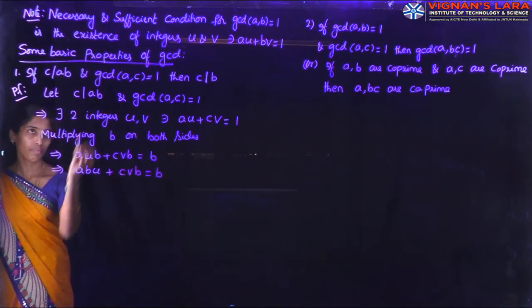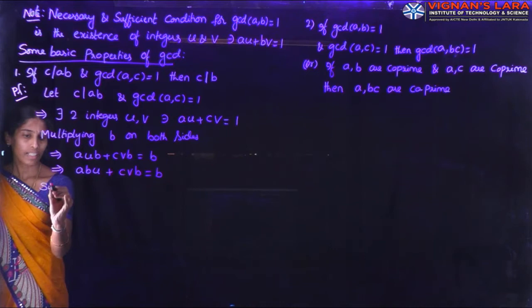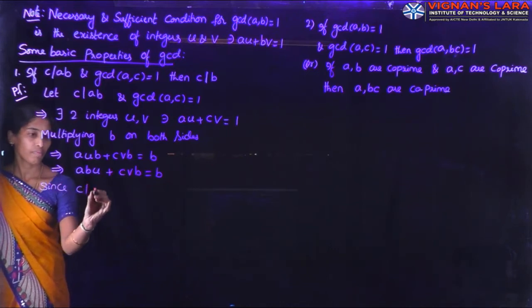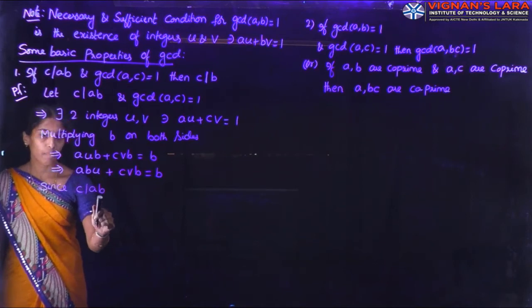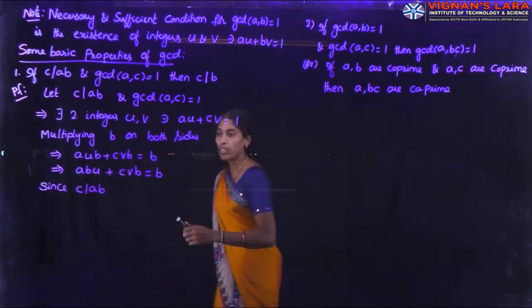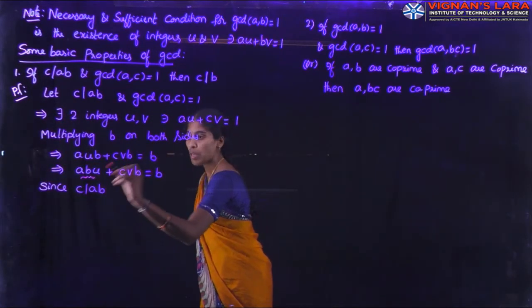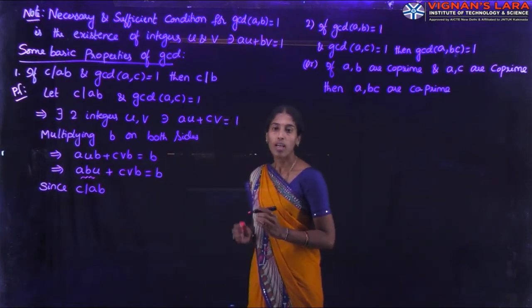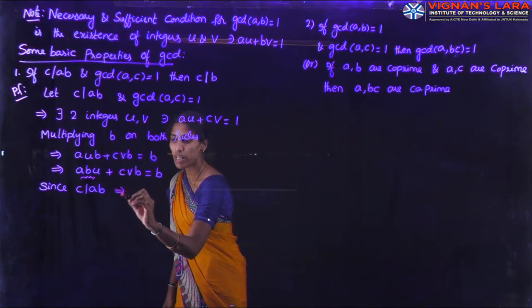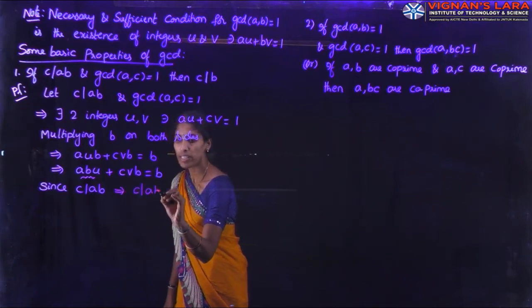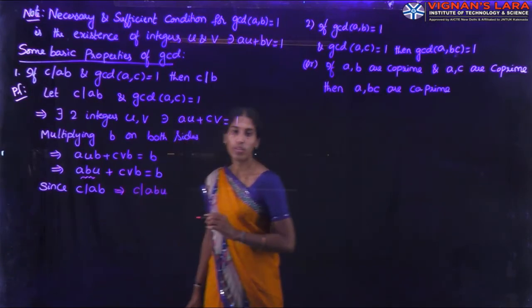Clearly, since C divides AB, this first term ABU is a multiple of AB. Because C divides AB, we have C divides ABU.